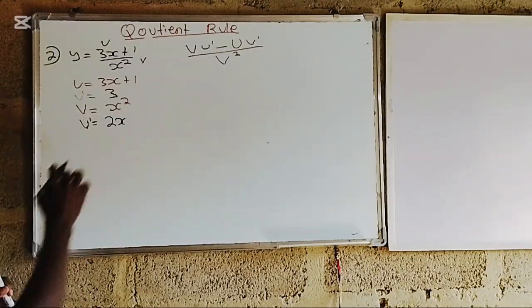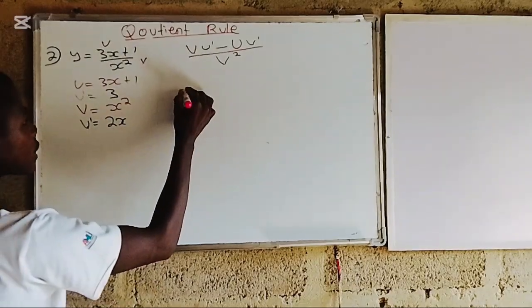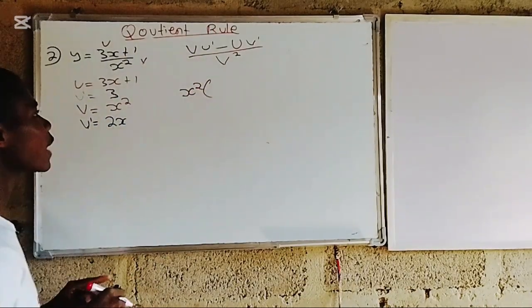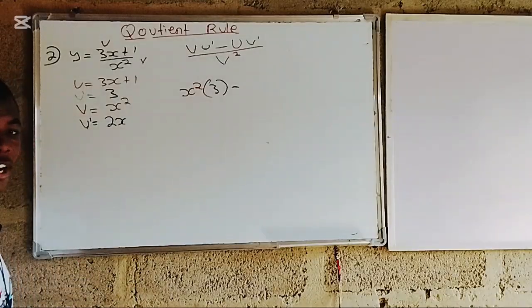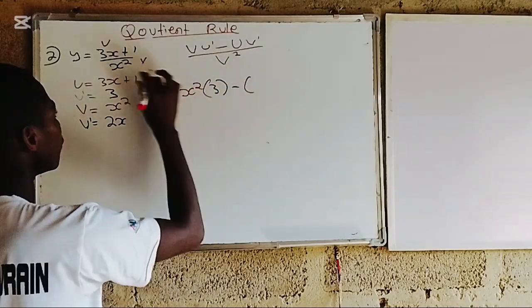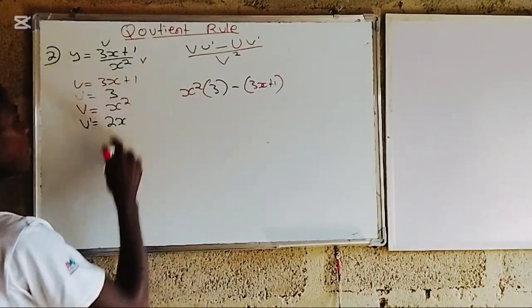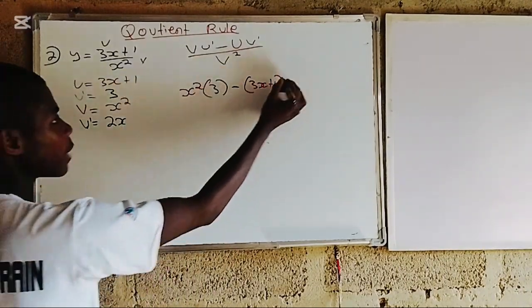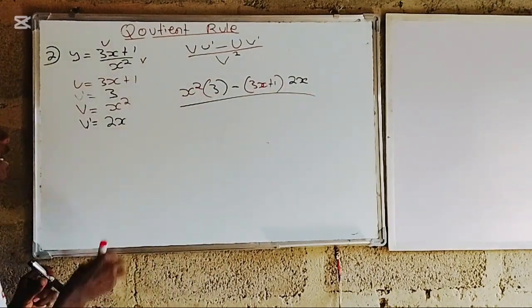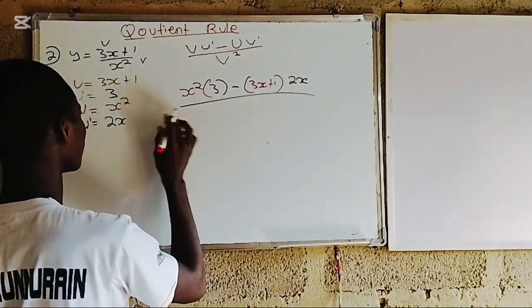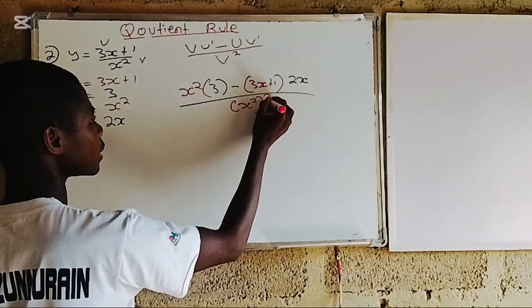So I substitute: V, which is x squared, multiplied by U prime, which is 3, minus U, which is 3x plus 1, multiplied by V prime, which is 2x, all over V squared, which is x squared squared.